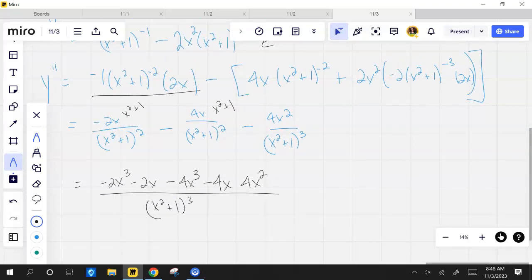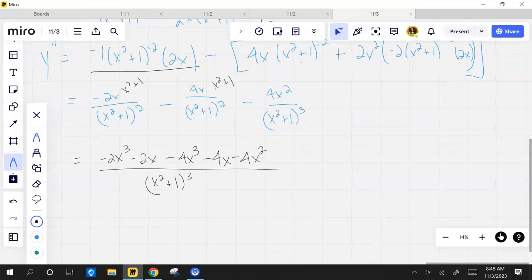What? Oh, minus. All right, let's see. Well, I distributed here. Distributed here. And then that's on its own. All right, so I got negative 6x cubed minus 4x squared minus 2x.